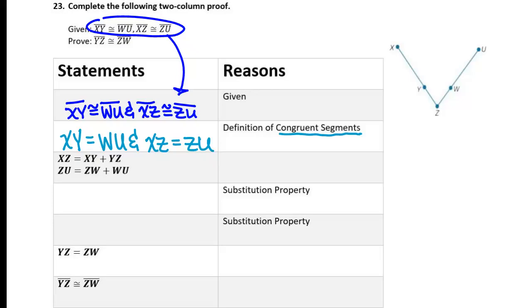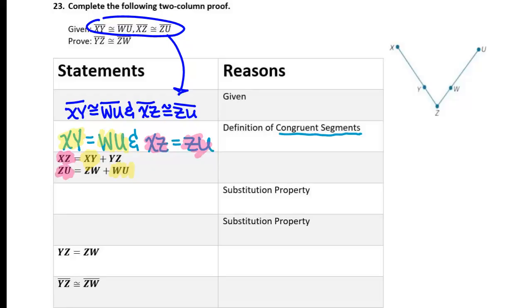All right. Let's look at statement 3. Well, I see XY right here. I see WU right here. I see XZ right here, and I see ZU right here.